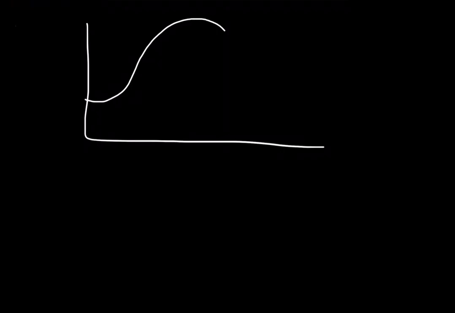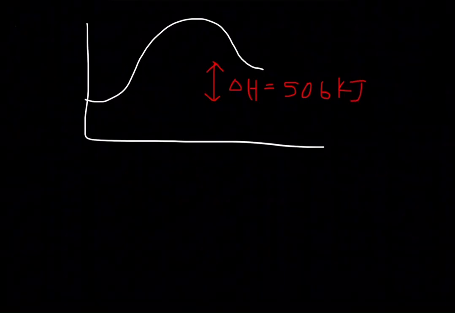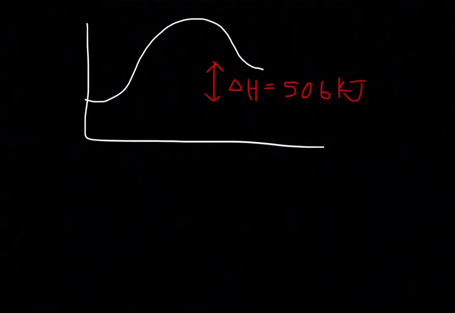On an energy diagram, an endothermic reaction will look something like this. And this is the energy change, which was 506. So for water, it will look like this. This is time, and this is energy.